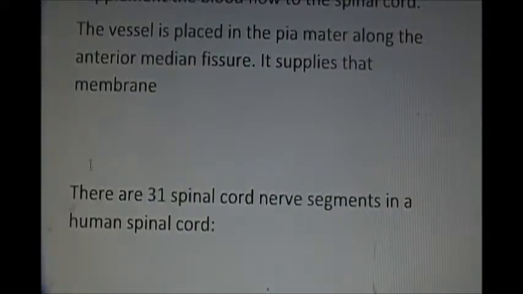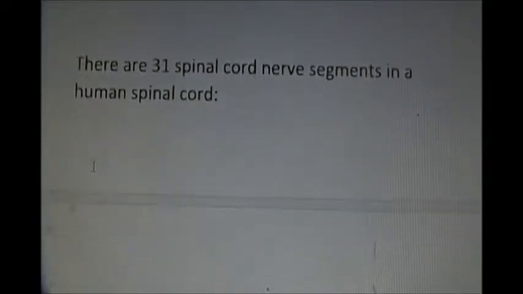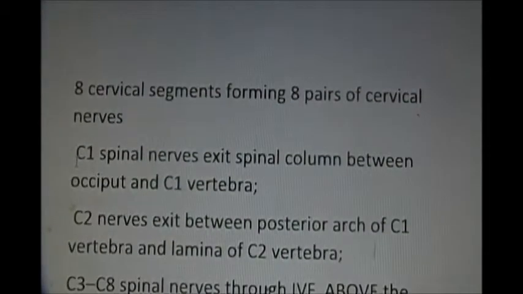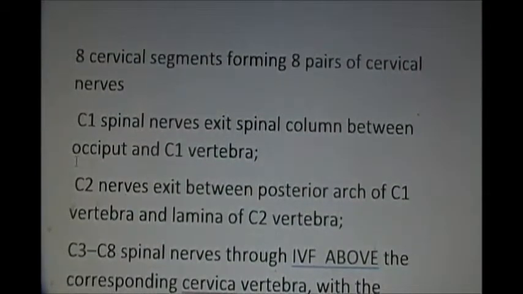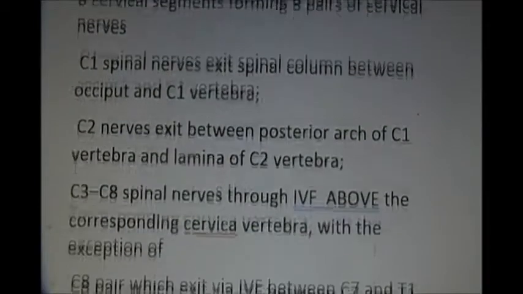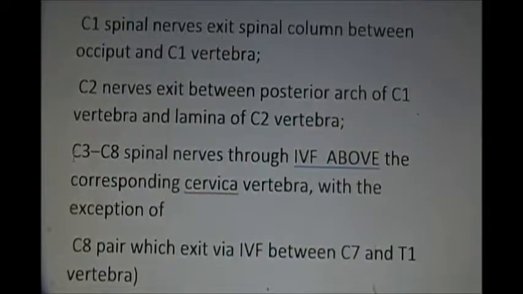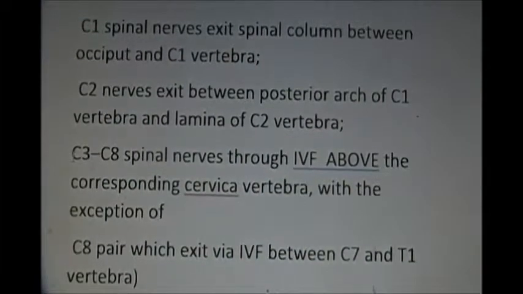The spinal nerves. There are 31 spinal nerves and there are 8 cervical nerves. The first cervical nerve arises between the occiput and the first cervical vertebra. The second nerve exits between the cervical 1 vertebra and the laminae of the cervical 2 vertebra.